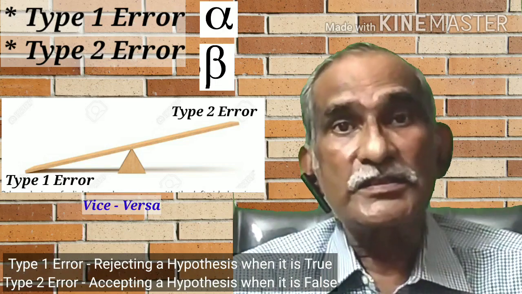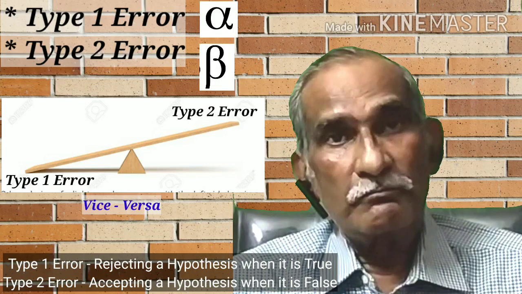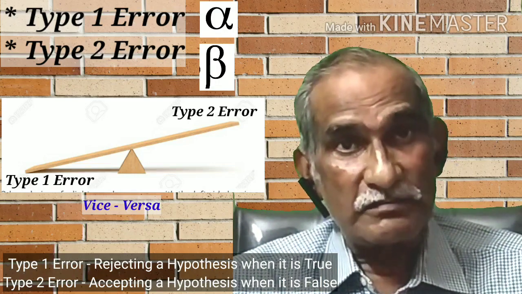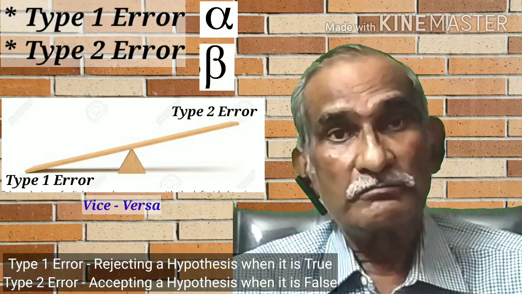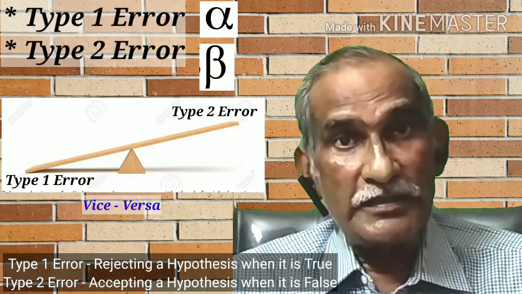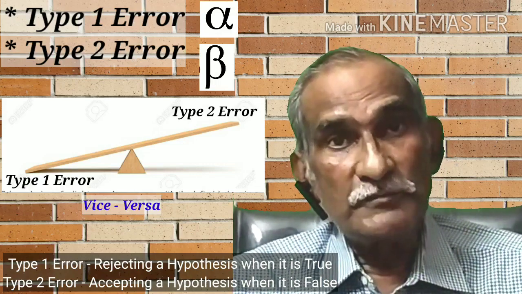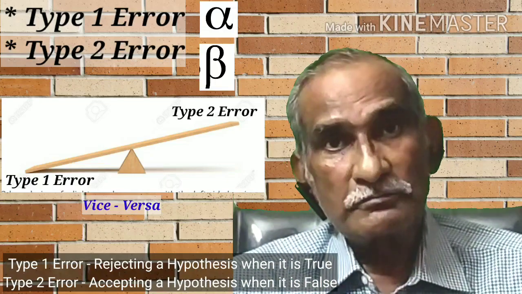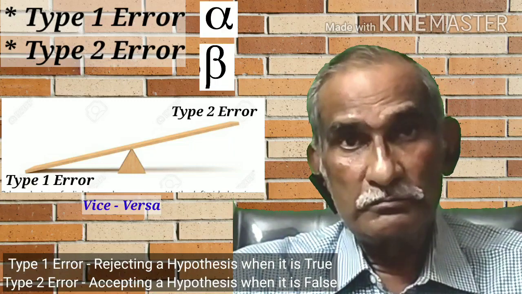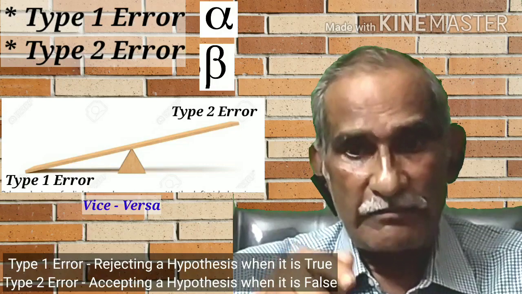So how to manage this situation? That test will be the best test when these two probabilities are at minimum level. There is no doubt in it. But at the same time, it is also true that we can't minimize the probabilities of both types of errors simultaneously.